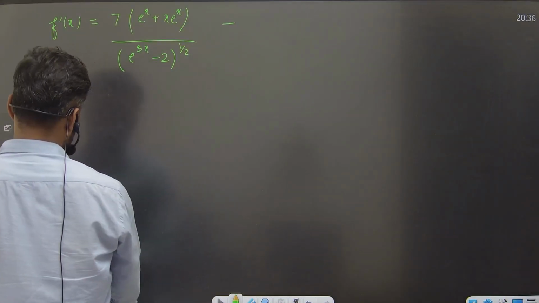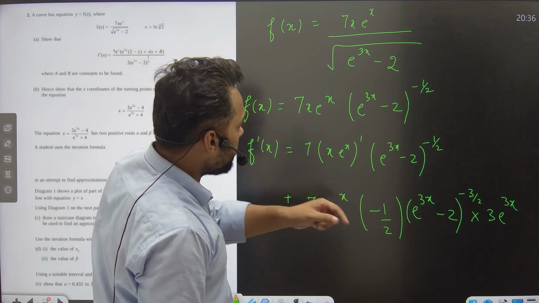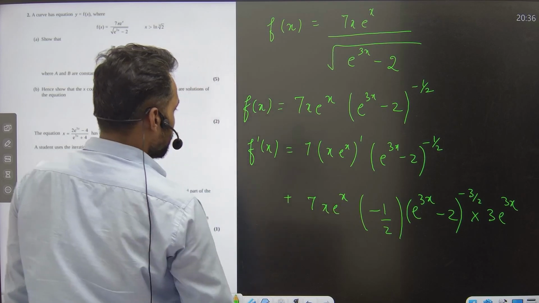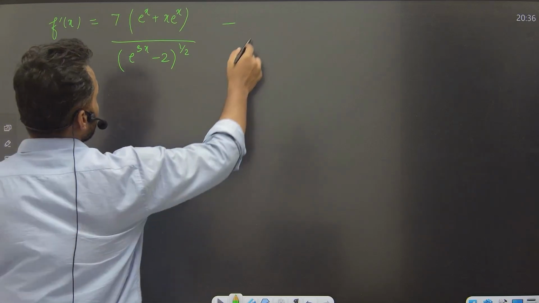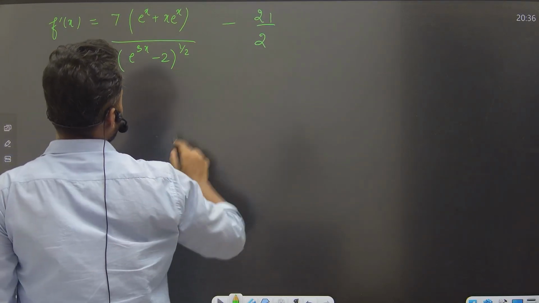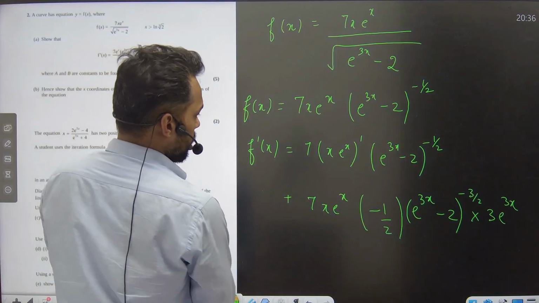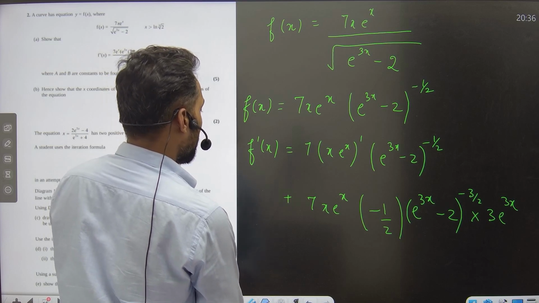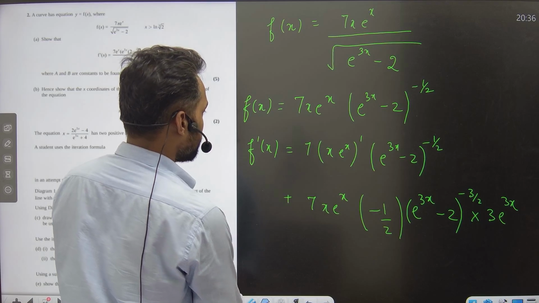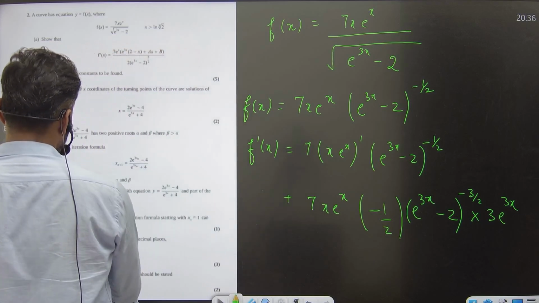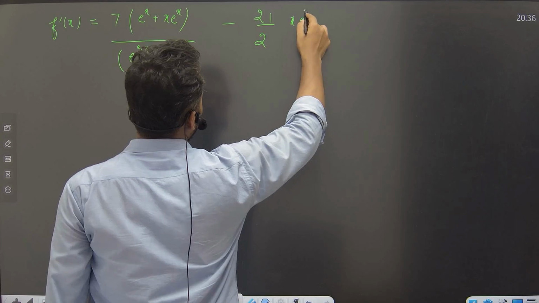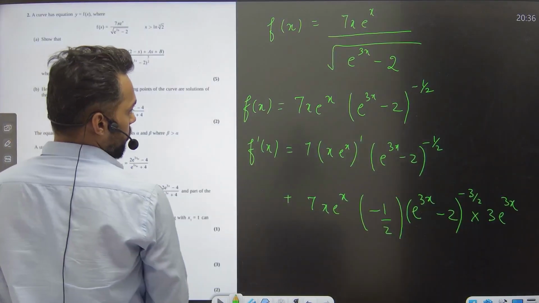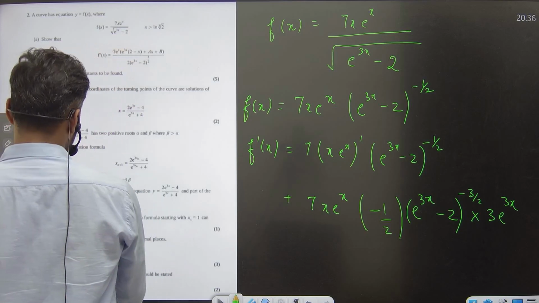Negative of 7 by 2, so it will be 21 by 2. First we need to write this part, 21 by 2 x raised to the power x e raised to the power x, x e raised to the power 3x, okay, into e raised to the power 3.